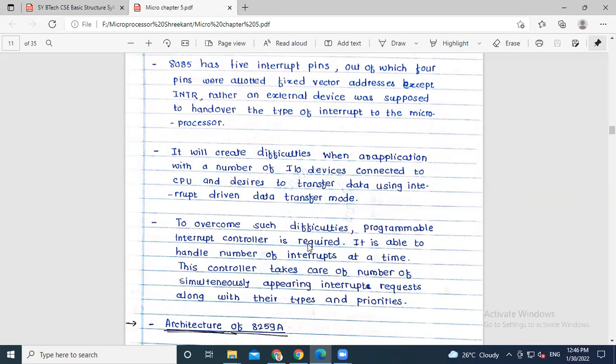That is too much required, and it is able to handle a number of interrupts at a time. This controller takes care of a number of simultaneously appearing interrupt requests along with their priorities. Whenever a program is running and gets stuck because data is not available, for example any number divided by 0 is infinity, the computer does not know what that is, so it gets stuck during execution.